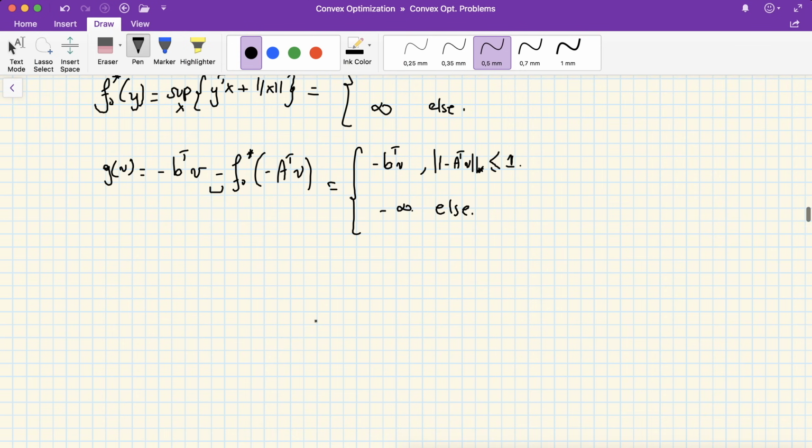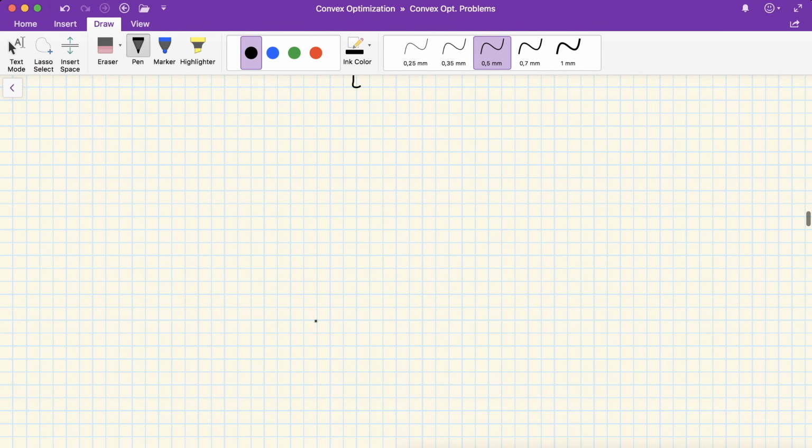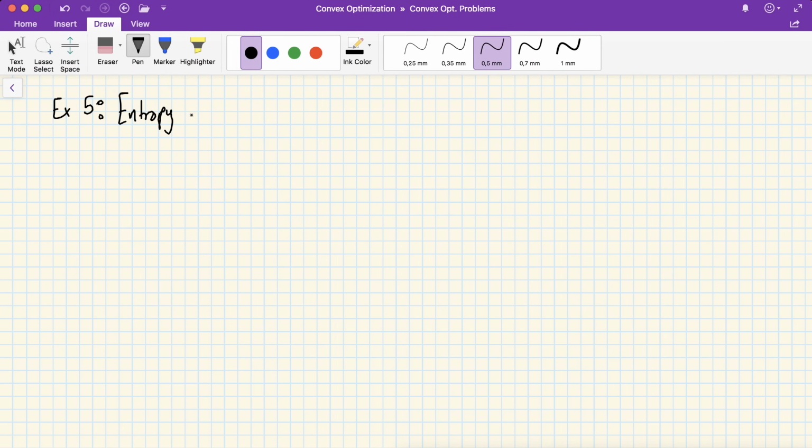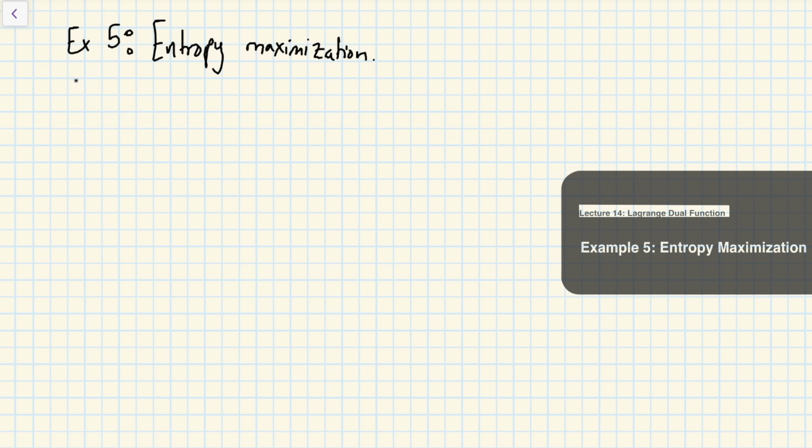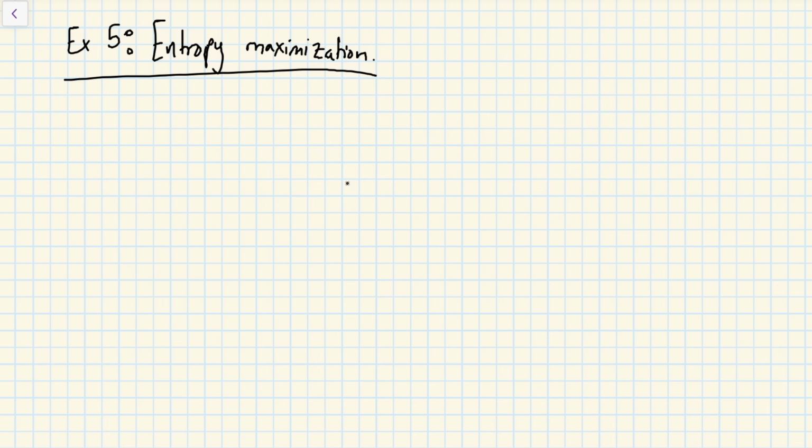Okay? Another really quick example is entropy maximization. This is applied a lot in information theory, where you've got some uncertainty and you're trying to maximize, or optimize in a worst case scenario.